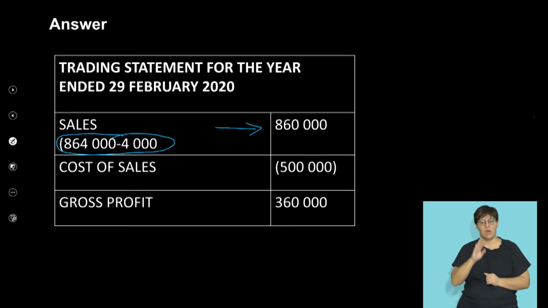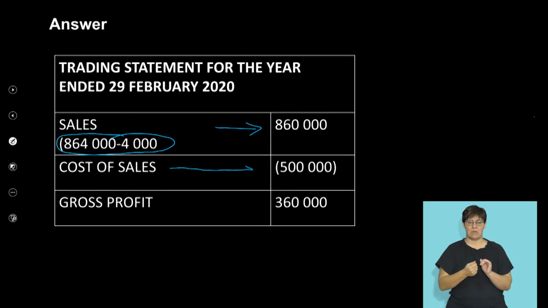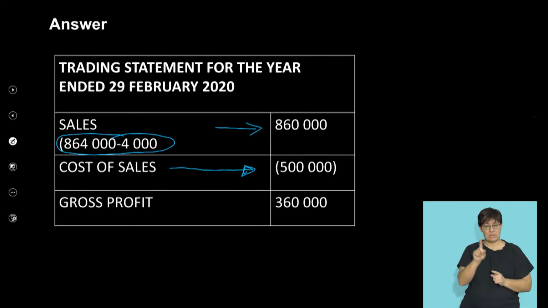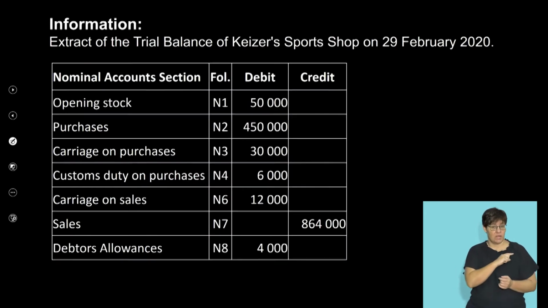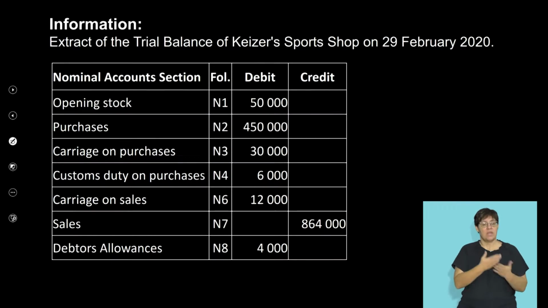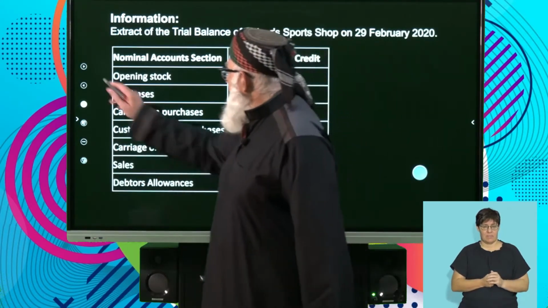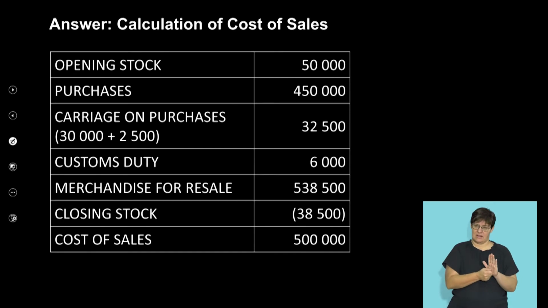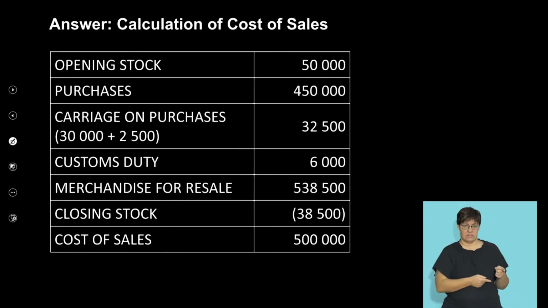Now remember, the cost of sales figure you don't have. Obviously, for our purposes it's there, but it has to be calculated, and therefore we're going to use all this information to calculate our cost of sales. If we look at the calculation of cost of sales, for one moment don't look at the figures. Let's look at the format first. What is it that we need to know?